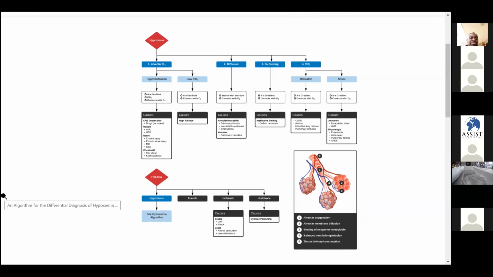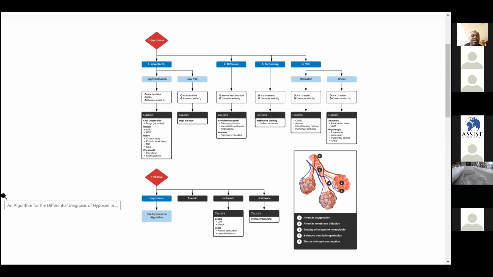When it comes to low oxygen level in the alveoli, is it because the patient is being hypoventilated, or because there is low FiO2? And when it's hypoventilation, what could be the cause?